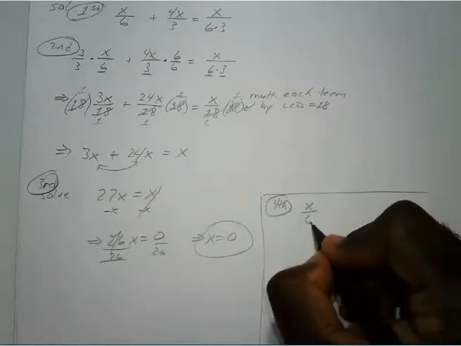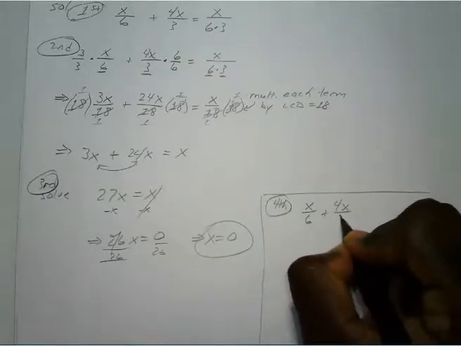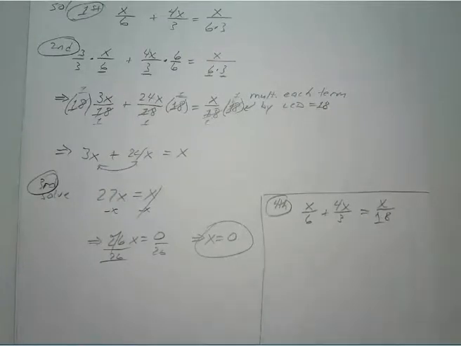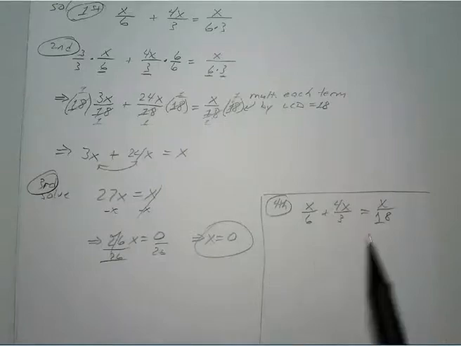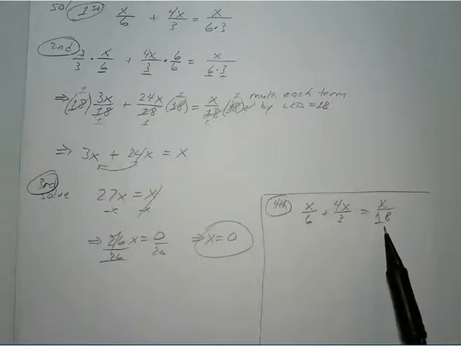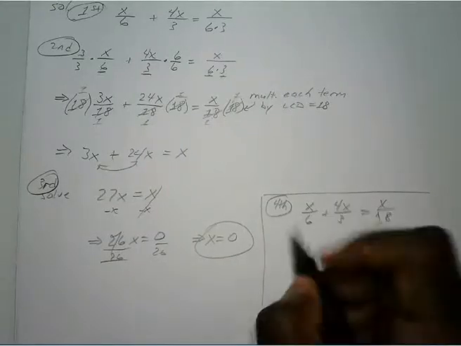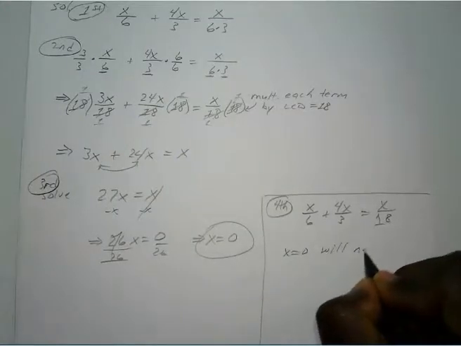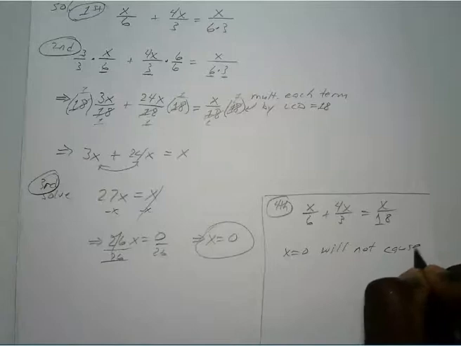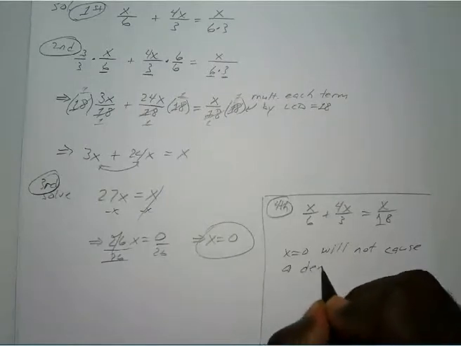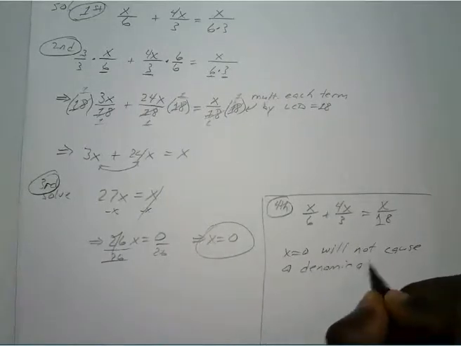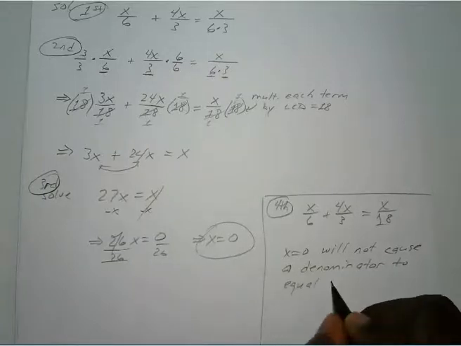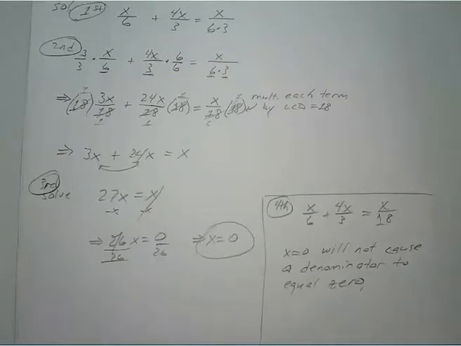So you have x over 6 plus 4x over 3 equals x over 18. x equals 0 will not cause any of those denominators to equal 0. So it's a valid solution.